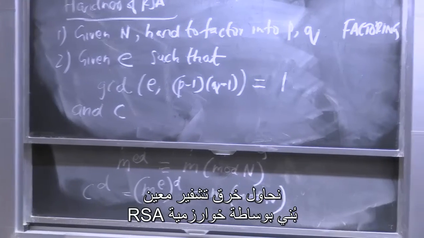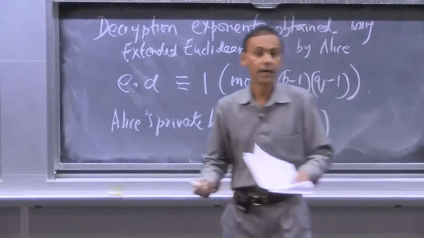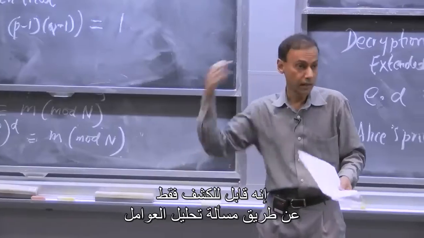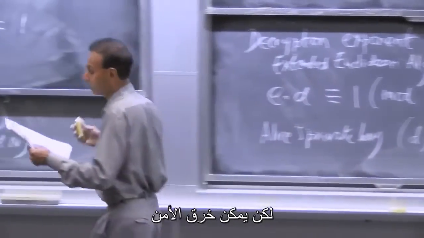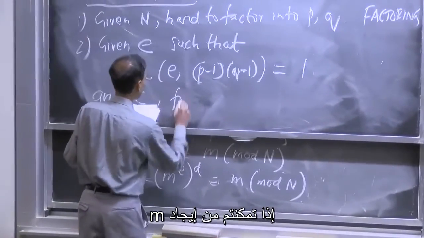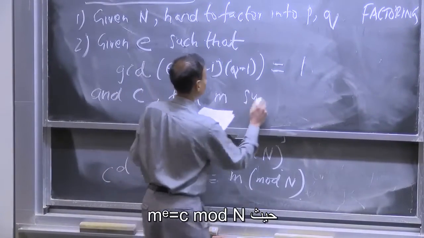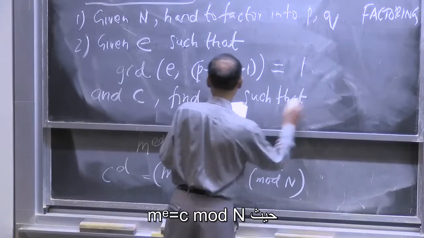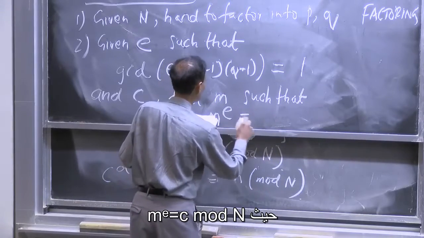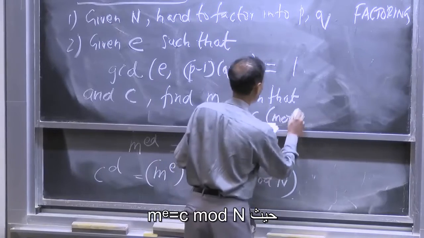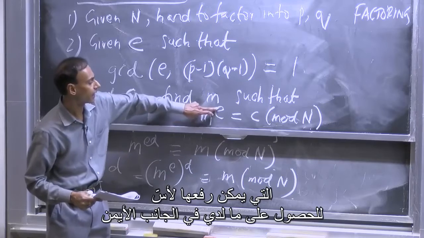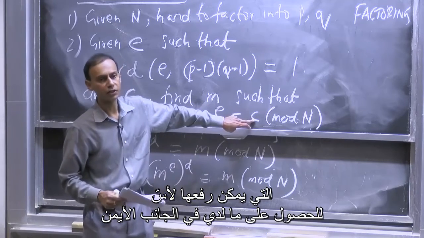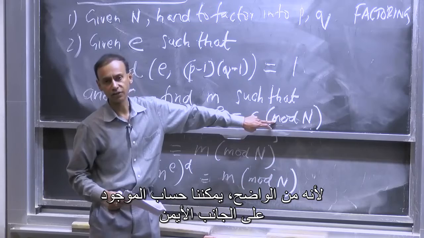So you're trying to break a particular encryption that was created by the RSA algorithm, and you haven't discovered the private key here, that's only discoverable through the factoring problem. But you could break security if you can find M such that M raised to E is C mod N. So you're searching for an M that you can exponentiate to get what you have on the right-hand side, because clearly you can compute what's on the right-hand side, right?